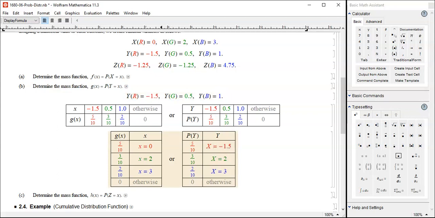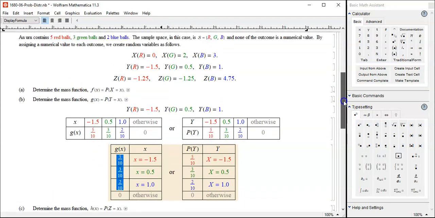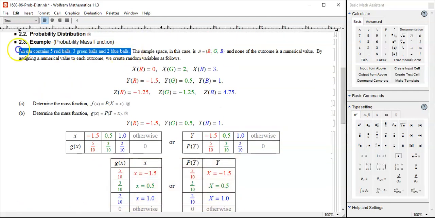So -1.5, positive 0.5, and then positive 1. As for the probabilities, they'll remain the same because we are talking about the same urn and same color distribution.